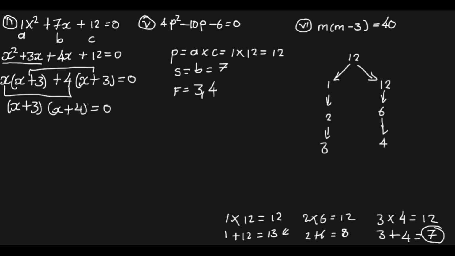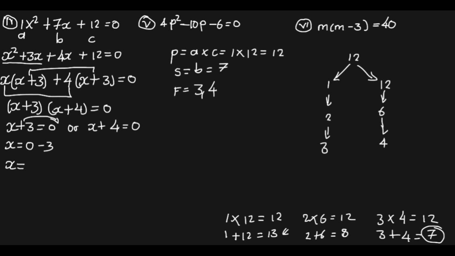Then we can see that we are done factorizing, so we can now equate each bracket to 0. So x plus 3 is equal to 0, or x plus 4 is equal to also 0. So we'll collect the like terms. When 3 shifts to the other side, we are going to have 0 minus 3.